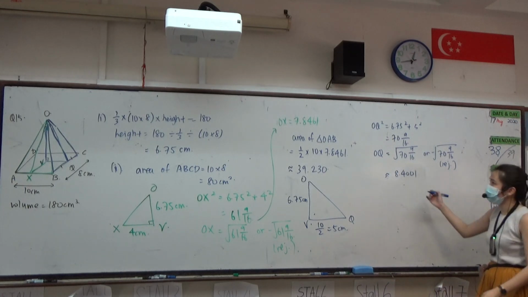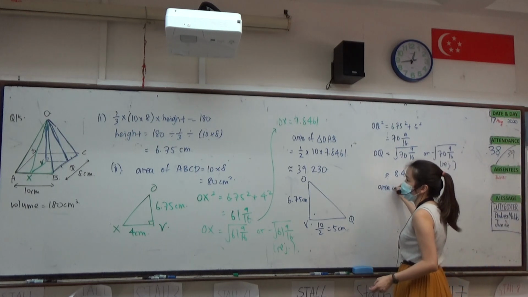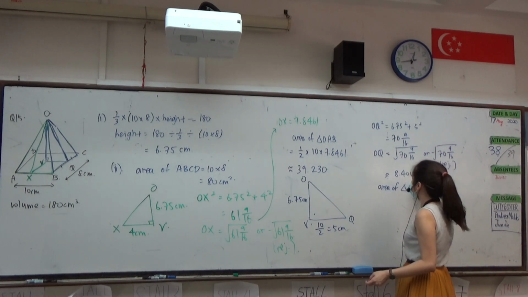So now that we have this, we find the area of triangle OBC.